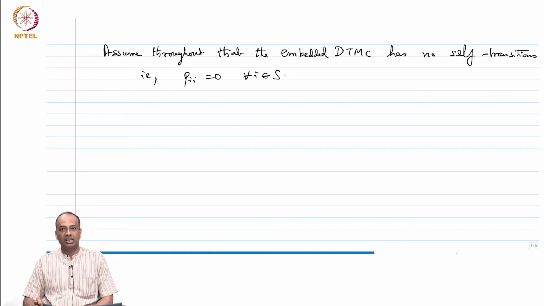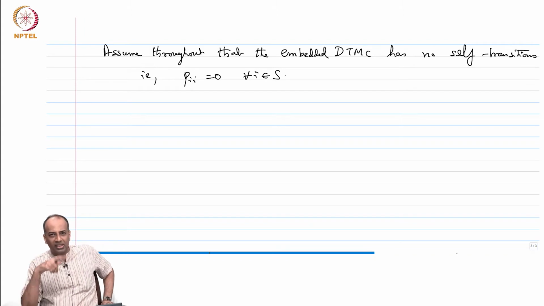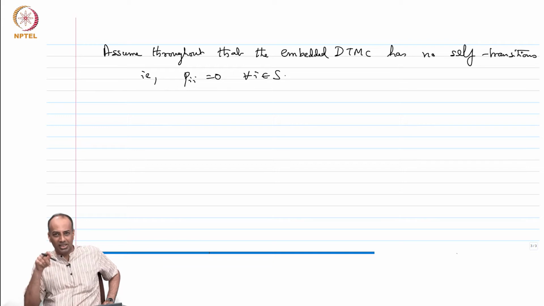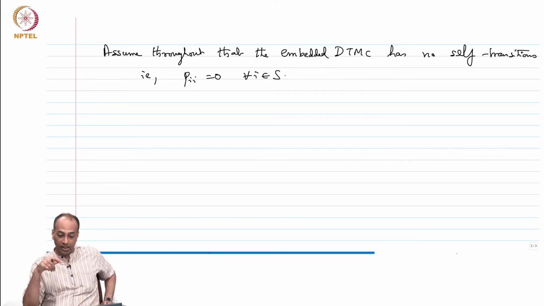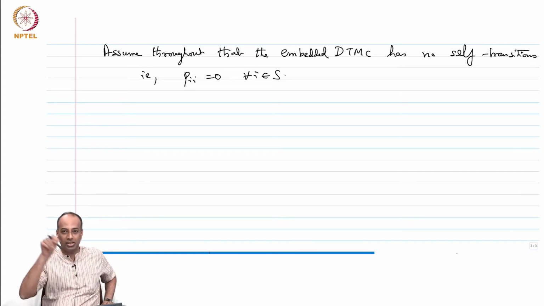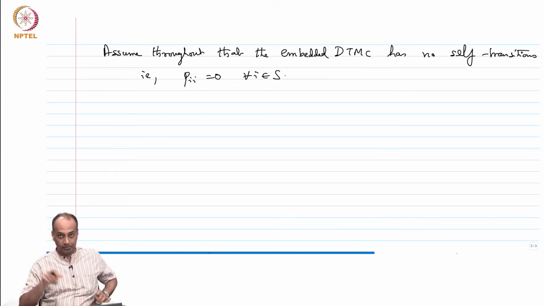That is because if the embedded Markov chain transitions from i to itself, in the continuous time process X(t) remains in i, and you do not even see a transition really. So, if you really want to see a transition in the continuous time process, you want to enforce that the embedded DTMC actually goes to a different state.